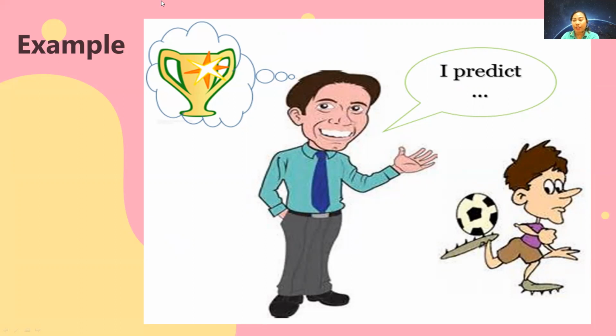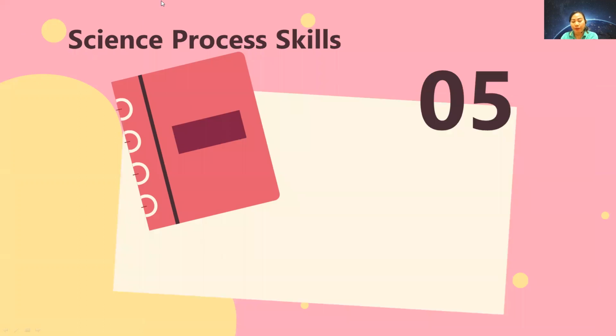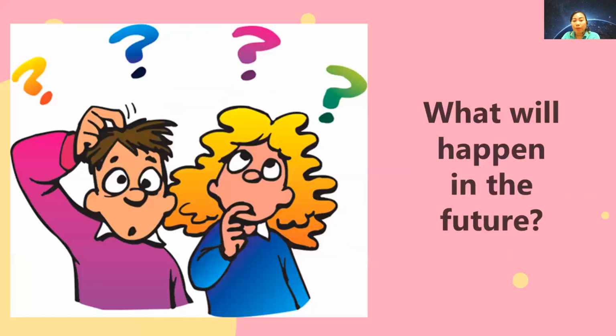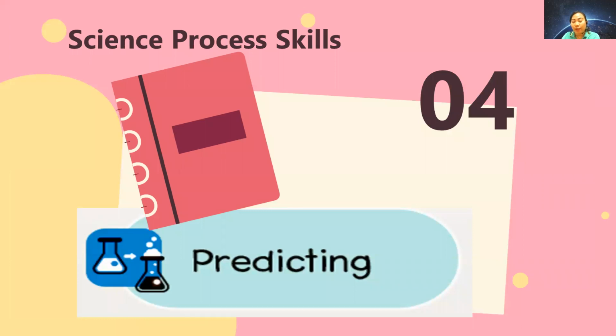Now let's continue. For our number 5, we have inferring, okay? We infer based on our understanding. So in inferring, remember what is the difference between predicting and inferring?